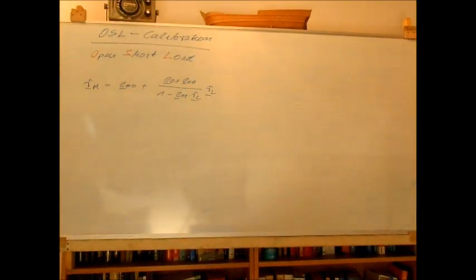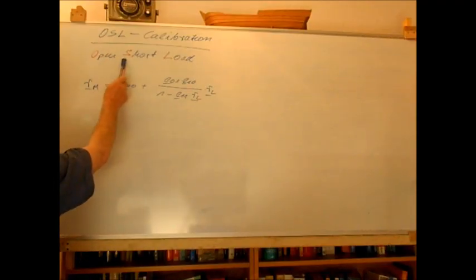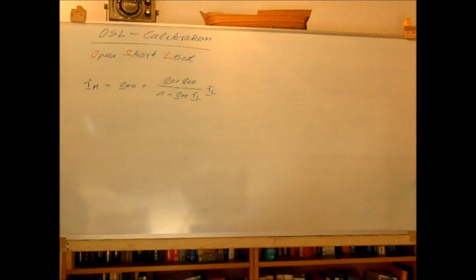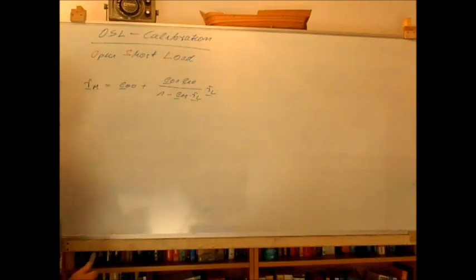So I want to discuss now the so-called open short load calibration, or OSL calibration, which comes from open, short and load. According to our one-port error model, we saw that the measured reflection coefficient is of course not equal to the load reflection coefficient, and there are 3 independent error parameters.